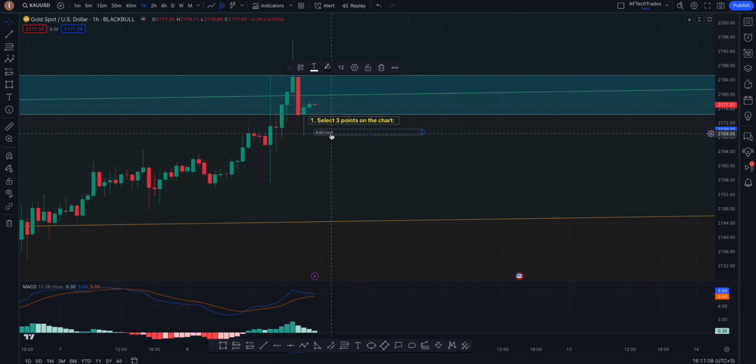So here you need to identify significant points on the price chart, A, B, and C. Identify 3 significant points on the chart as A, B, and C.